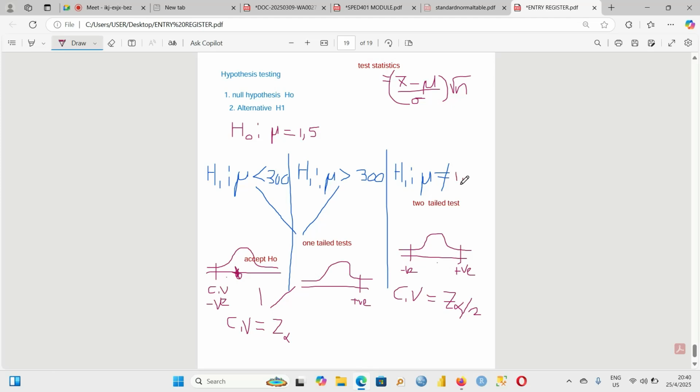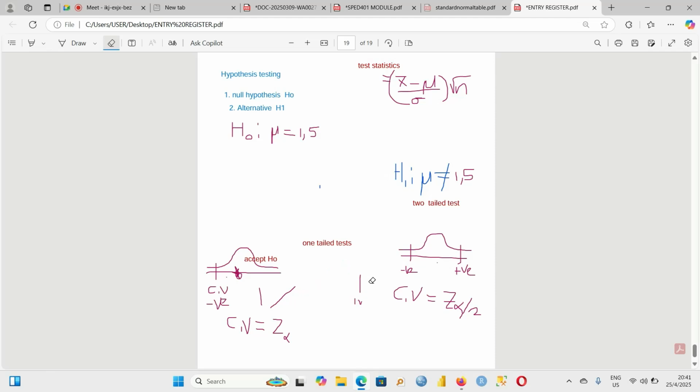We are now ignoring the rest. First stage, H naught is this, and H1 is written below like this.